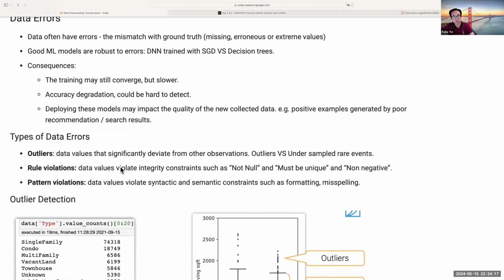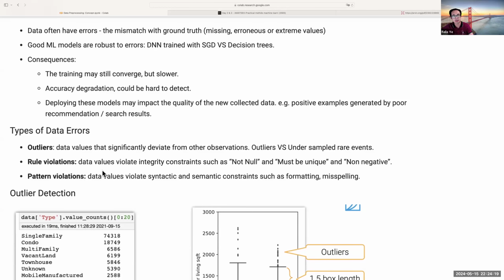There are different types of errors that we have. These are commonly seen errors in the data. The first thing is outliers. What are outliers? The data significantly deviates from other observations.